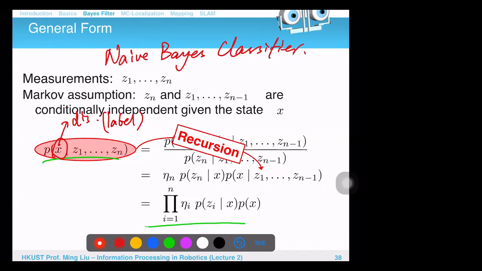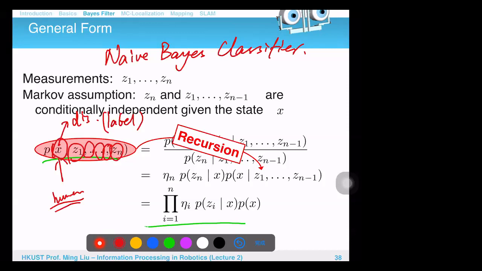Like how can we recognize an object is a human, for example? If that's a human, probably you see the head, you see the leg, you see different features, right? These features are independent. So given these features, that confirms my assumption that this X, the capital X random variable, is a human, if it's a labeling problem, a classification problem.